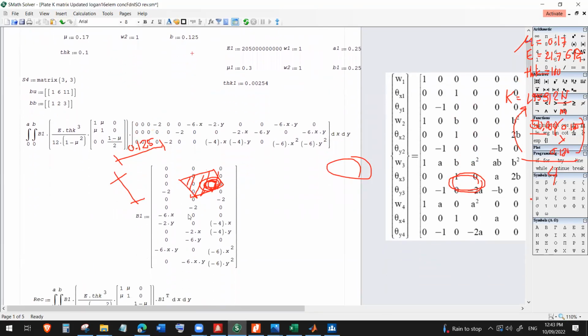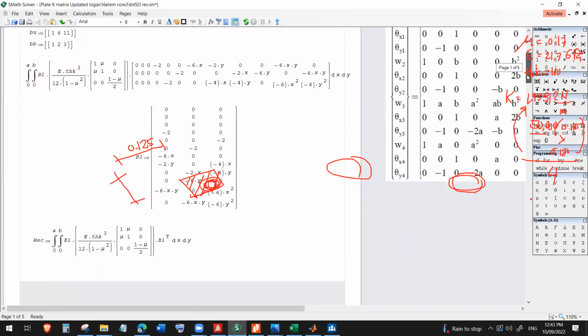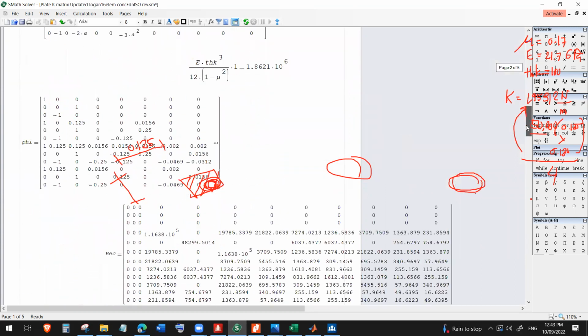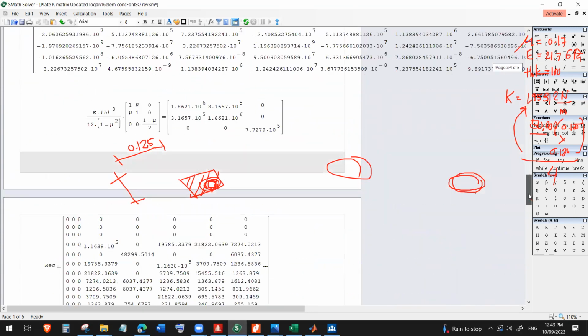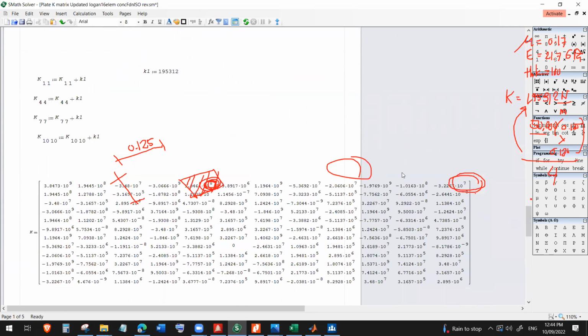Now the additional information that we have to input here is this K that we were able to compute here. That's the contribution per node of the soil subgrade modulus.